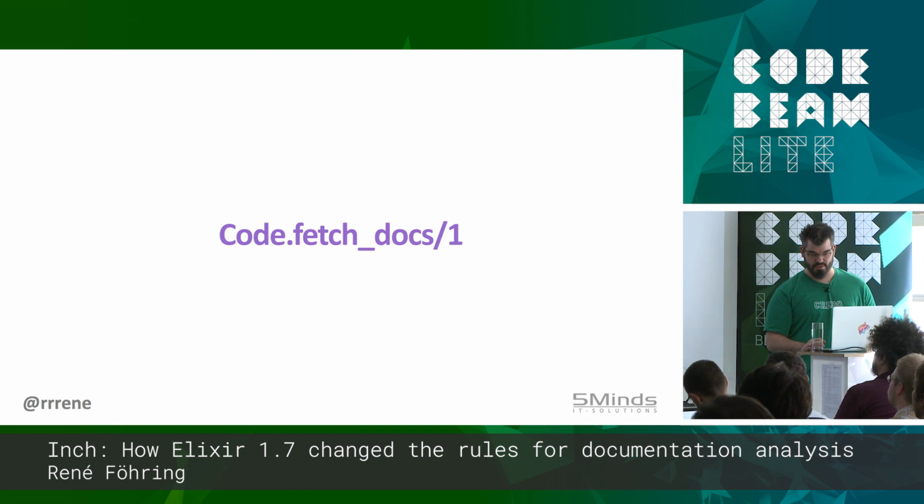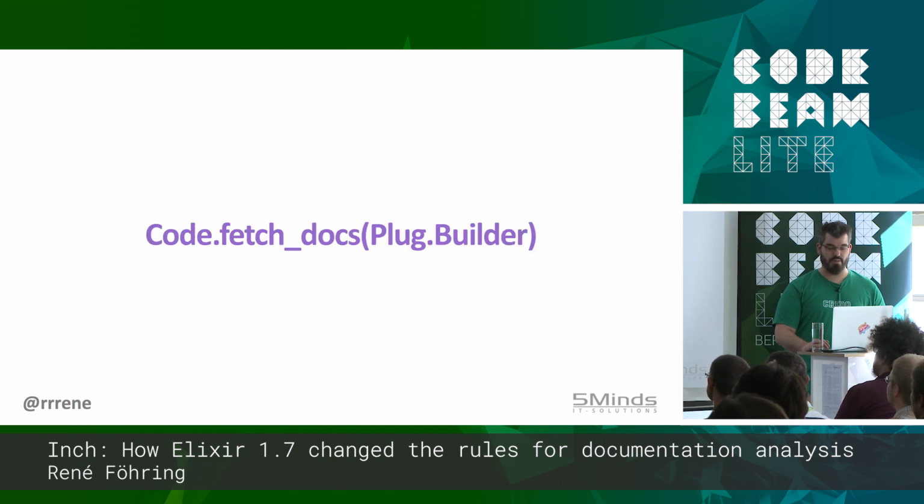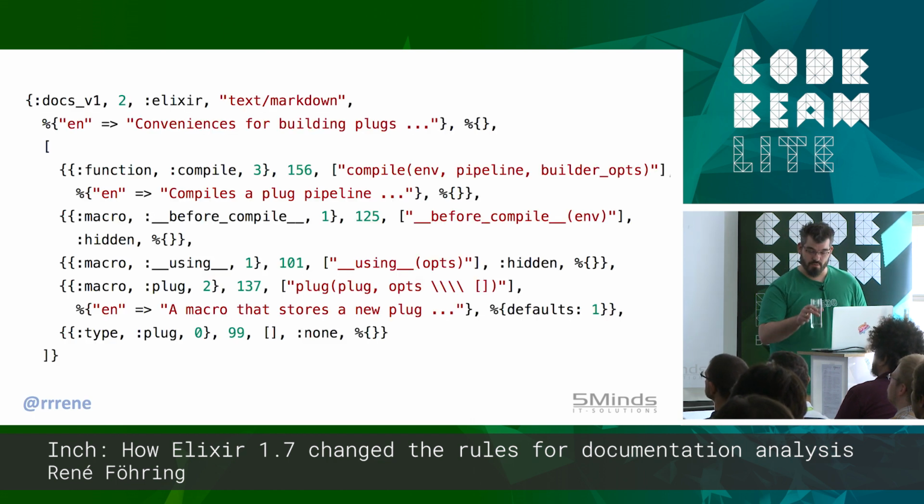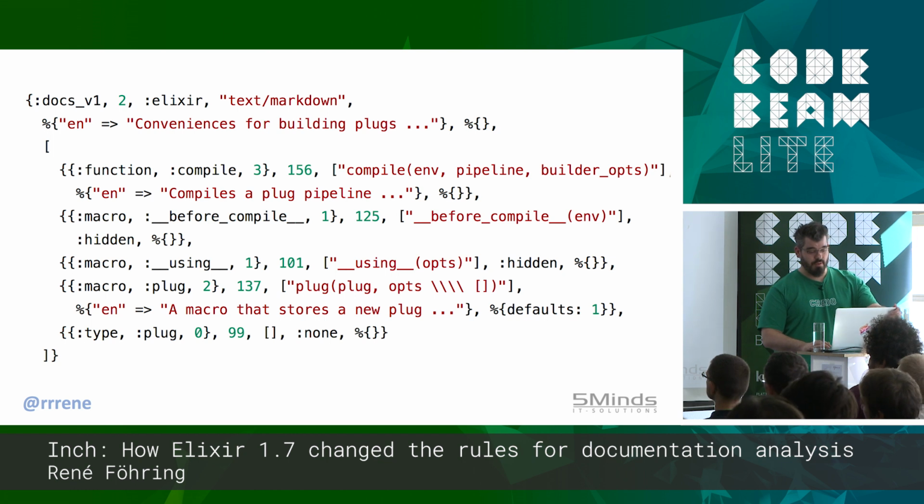So the new function is called Code.fetch_docs, and it only takes a single parameter, and you might have guessed it, that's the module you want to get the documentation for. And this is what comes out. It is a 7-element tuple, so let's break it down. First, we have the language.